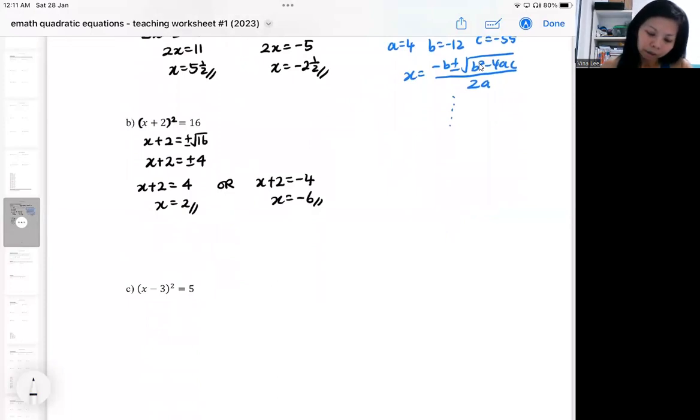In this case, I'm also doing a square root. So x minus 3 can be a positive square root, or x minus 3 can be a negative square root. Then you shift the 3 over.